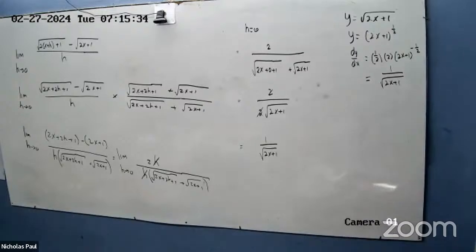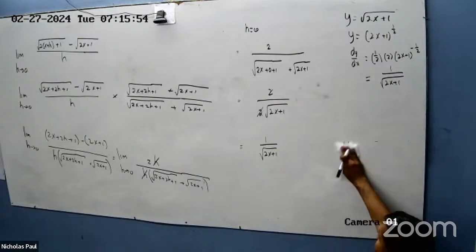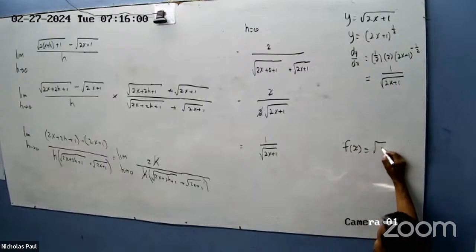I'm trying this here. 2016, try this please. y is equal to the square root of x. You do first principles, first principles of f of x is equal to the square root of x.